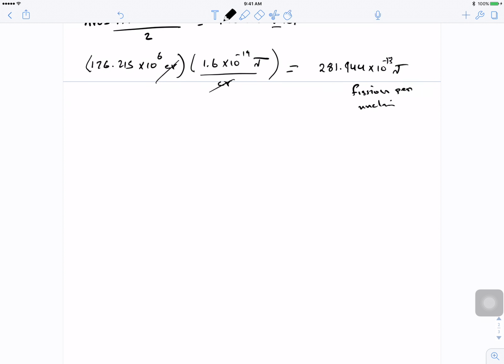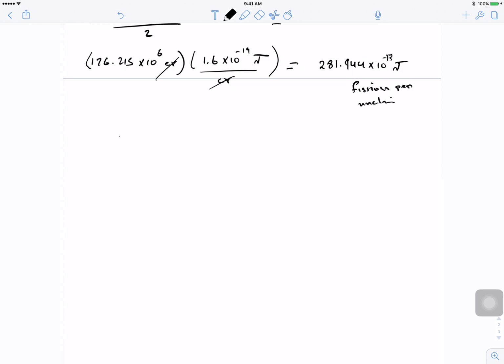Now we need to find how many nuclei are in 1 kilogram of uranium-235. 1 kilogram is 1,000 grams, divided by 235.05 grams per mole for uranium-235, times Avogadro's number, 6.022 times 10 to the 23 molecules per mole.